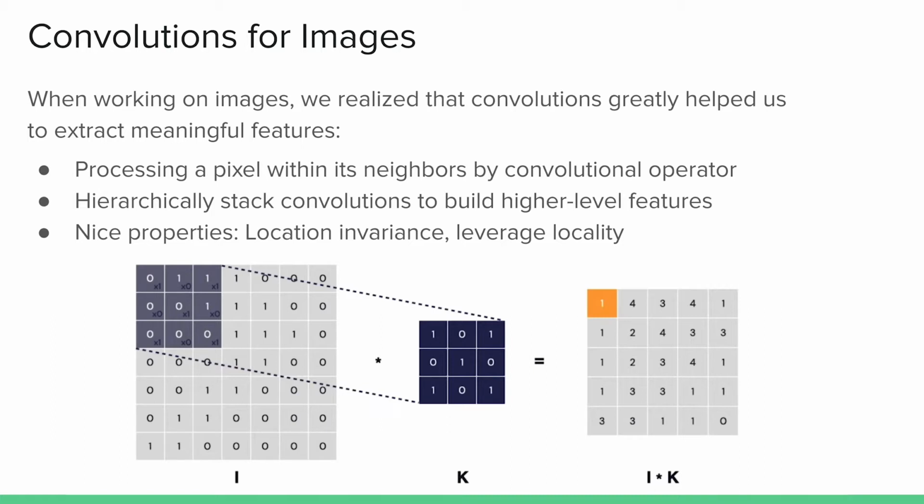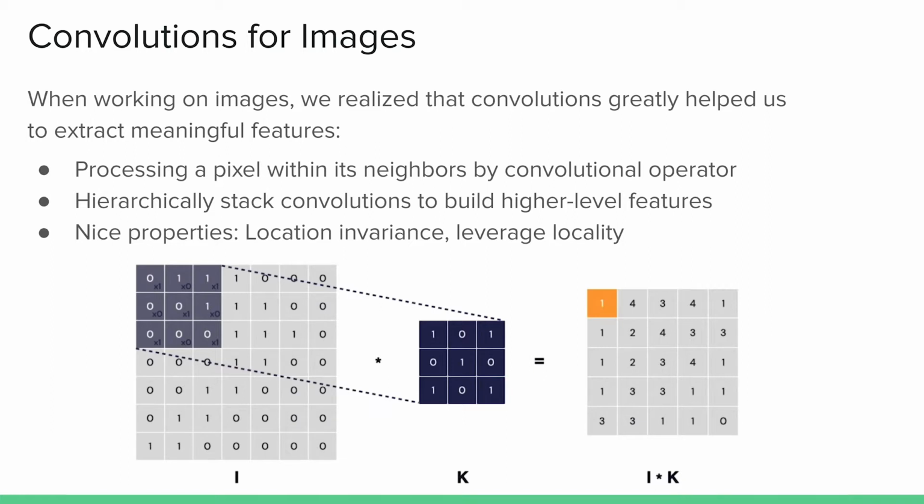In our case, a convolutional operator, which is, as you can see here, a grid, like a 3x3 kernel, that we slide over our image to obtain the values for the next layer. Once we had this done, we performed it again and again, and with each layer we extracted higher level features that were more meaningful to solving our problem.